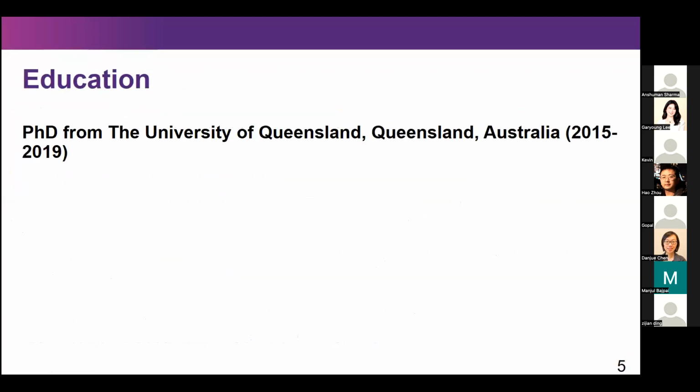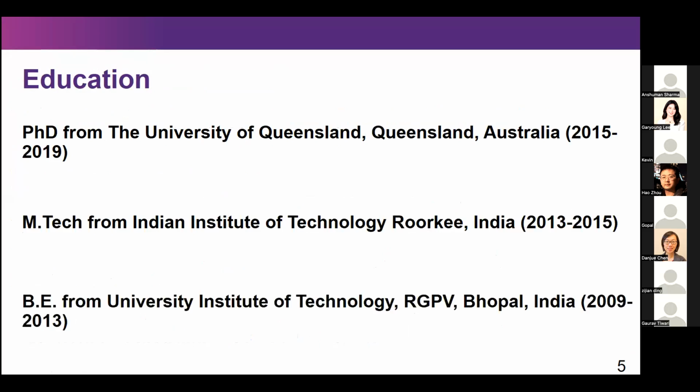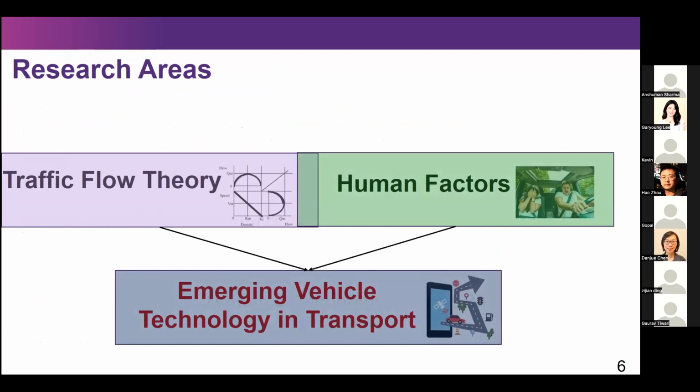I did my PhD from the University of Queensland, my master's from IIT Roorkee, India, and my bachelor's from Government Engineering College, Bhopal, India. My research areas primarily involve traffic flow theory and human factors, ITS, and basically applying the concepts of traffic flow theory, modeling and human factors to try to understand emerging vehicle technology and transport.